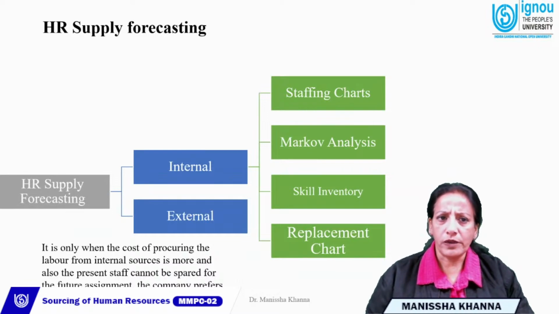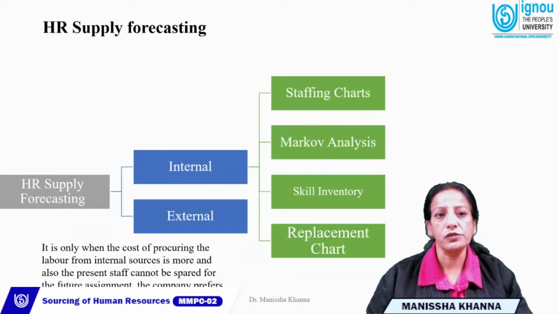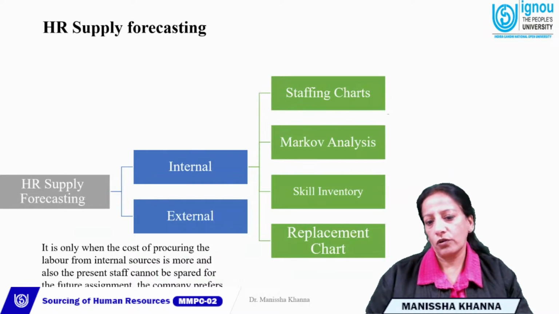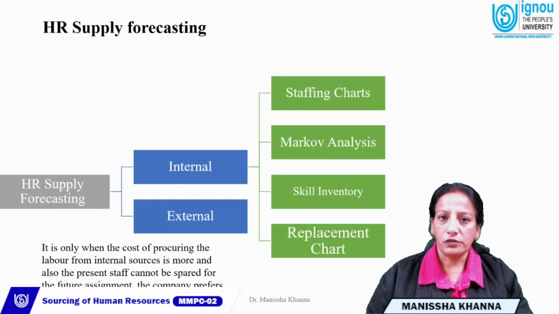Normally the supply is not from the outside; it is within the organization, because the inventory, the charts and the analysis have been done within the organization with due respect to human resources and skill inventory, and it is done by the human resource department mainly.